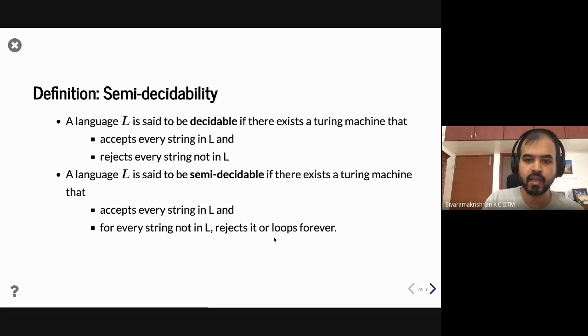So this is where semi-decidability comes in. If you have a decidable language, the Turing machine will always reject every string not in L. But here, if you give a string to this Turing machine which is not in L, then it rejects it or loops forever. And this is the high-level definition.